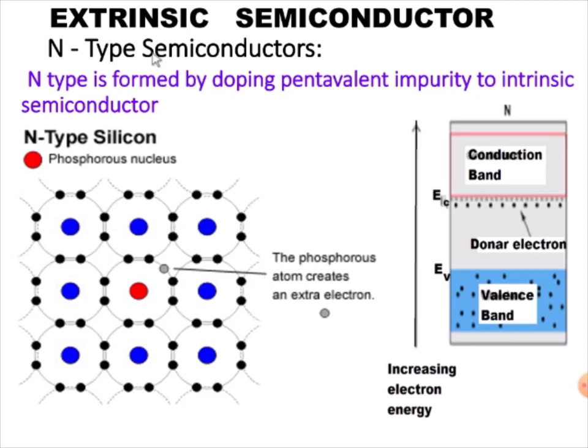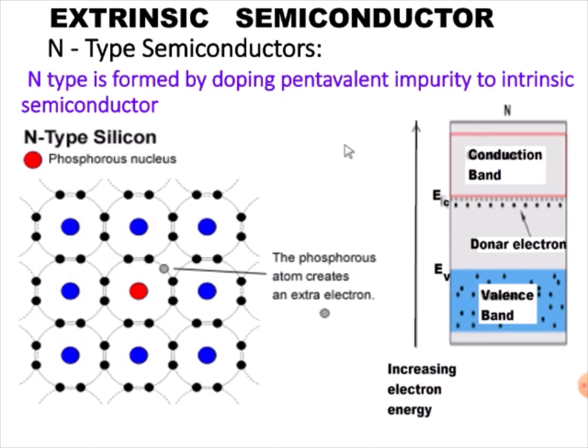For the extrinsic semiconductor, the energy band diagram can be represented like this. This is an n-type semiconductor, with the valence band at the lower level and the conduction band at the upper level. The valence band is completely filled and the conduction band is completely empty at 0 Kelvin.